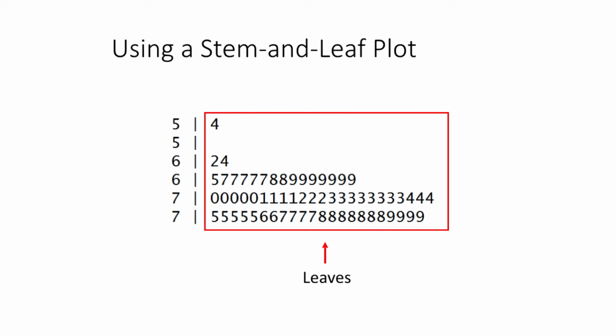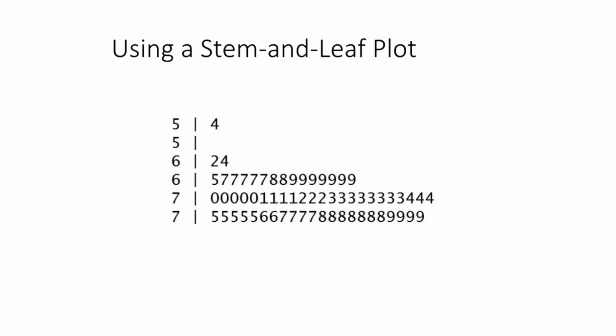In this case, the stem is the leading value of our number, and then the leaf is really in the ones place. So for example, in this data set, it's all these sort of integers. It's these counting numbers, 54, 56, 78, 80.